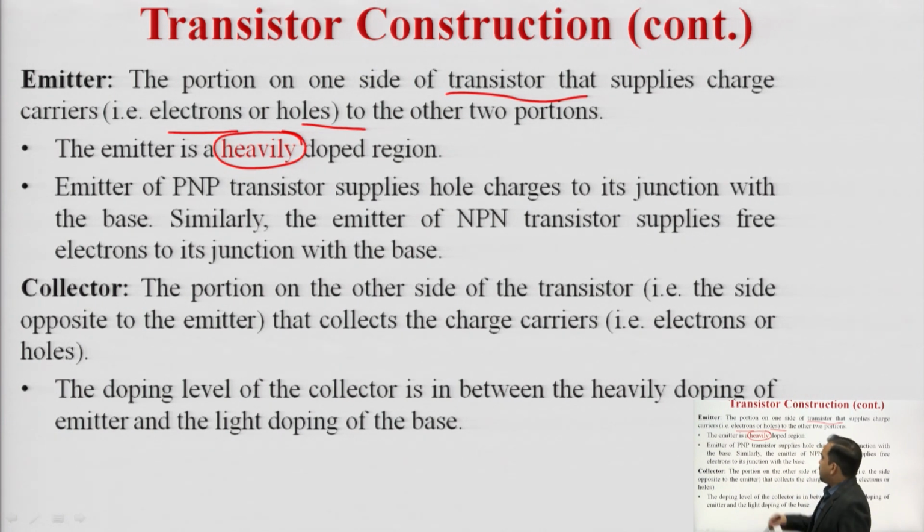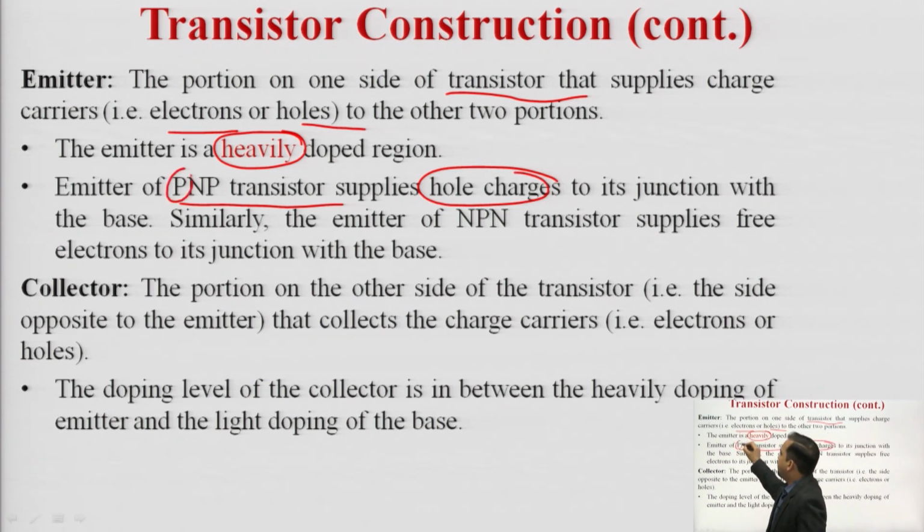The emitter of a PNP transistor supplies holes, because on the P side we are aware that holes are the majority charge carriers, whereas for NPN the electrons are the majority. Now, we will talk about the collector terminal. The portion on the other side of the transistor is known as the collector region.